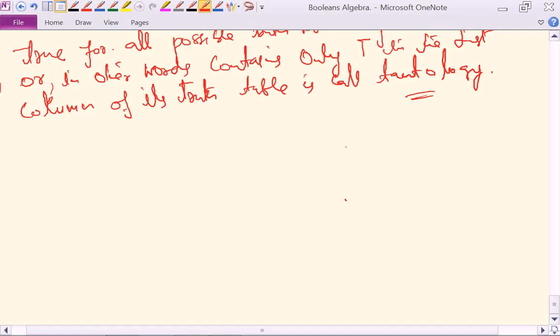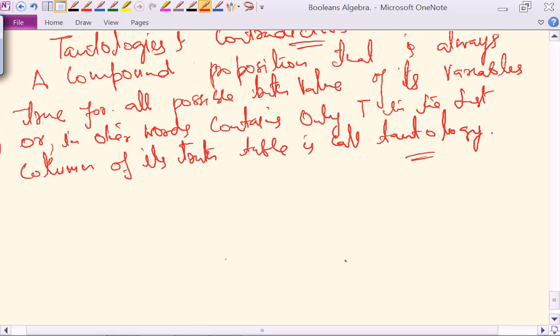In the same way, a compound proposition that is always false, that is, false for all possible truth values of its variables, in other words contains only F, false, in the last column of its truth table, is called a contradiction.